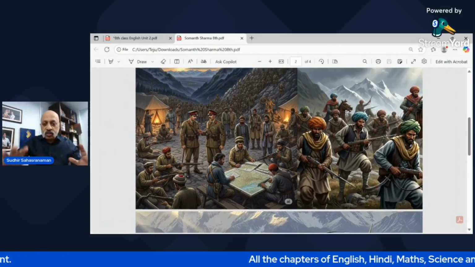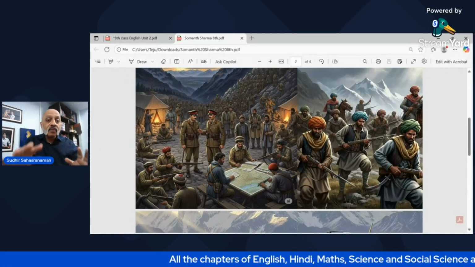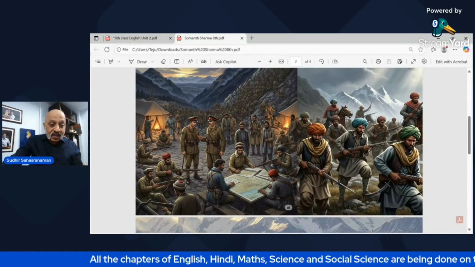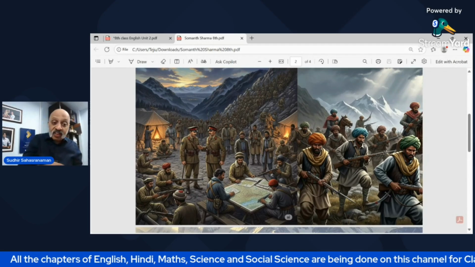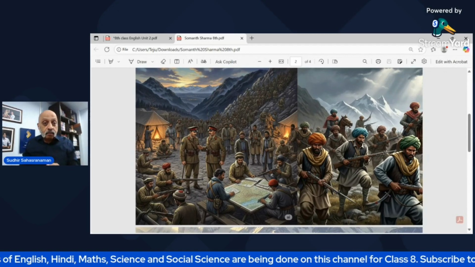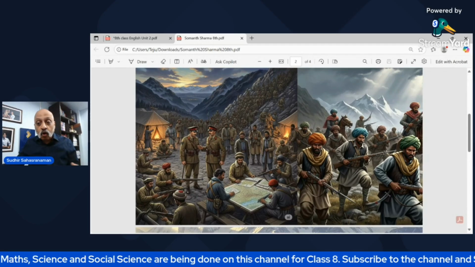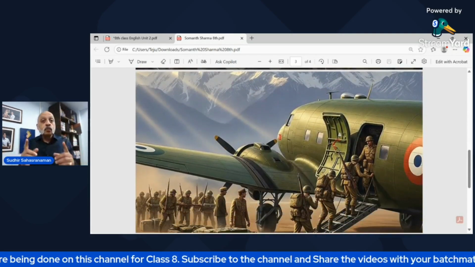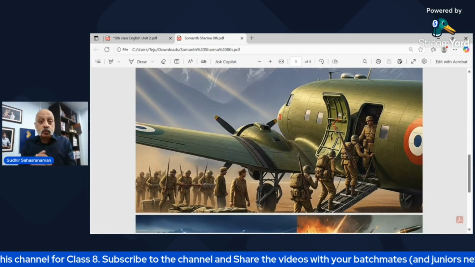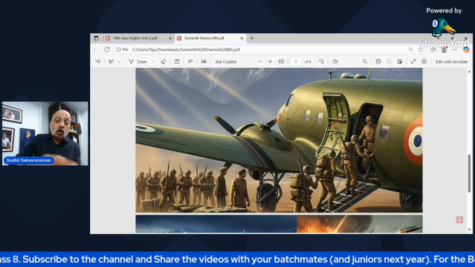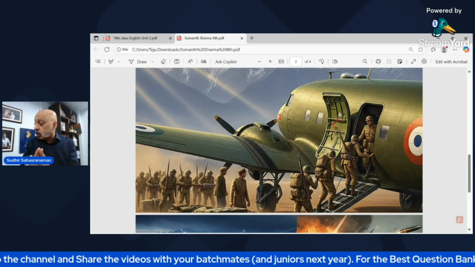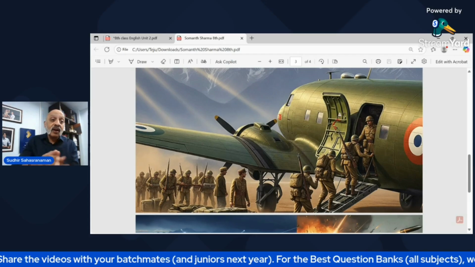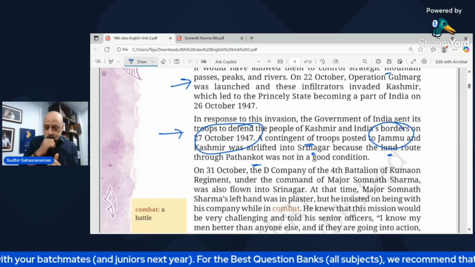These are the Pakistani invaders who are coming in. They have seen all the maps, they have been trained by the army people from Pakistan, and they have all entered India. That's when the troops were airlifted into the Kashmir Valley, into Srinagar, because the roads were not in good condition, in order to ensure that they reach there as soon as possible.